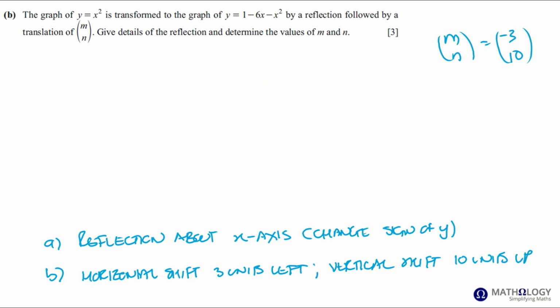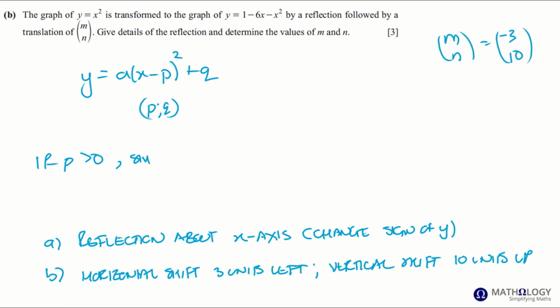Just to be clear, a quadratic function in turning point form is y equals a times (x minus p) all squared plus q. In this form, the turning point of the function is (p, q). If p is positive, then we get a shift to the right, however many units as the value of p.